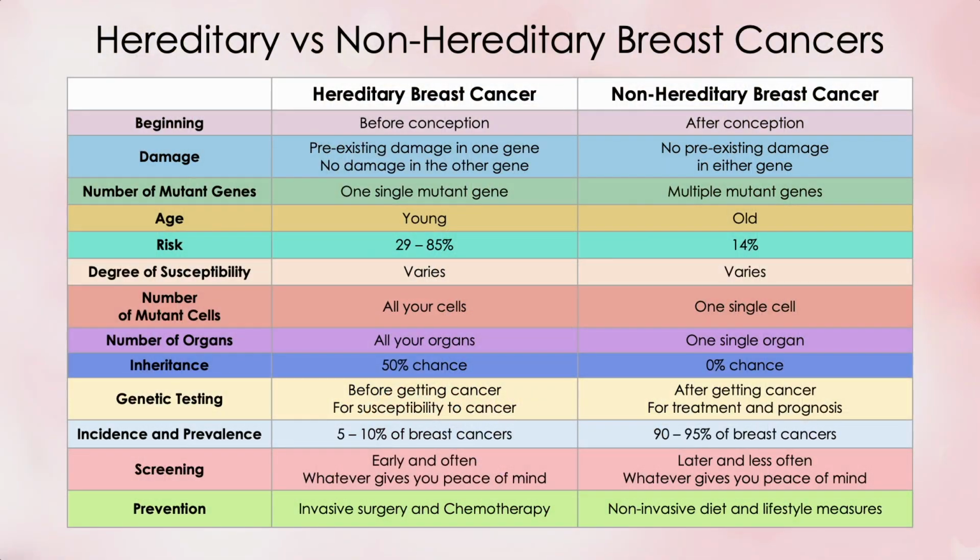This goes back to the basic principle that all cancers begin as one single cell that loses control and becomes a cancer cell. So that one cancer cell carries the mutation and just grows out of control. But your other cells are normal.